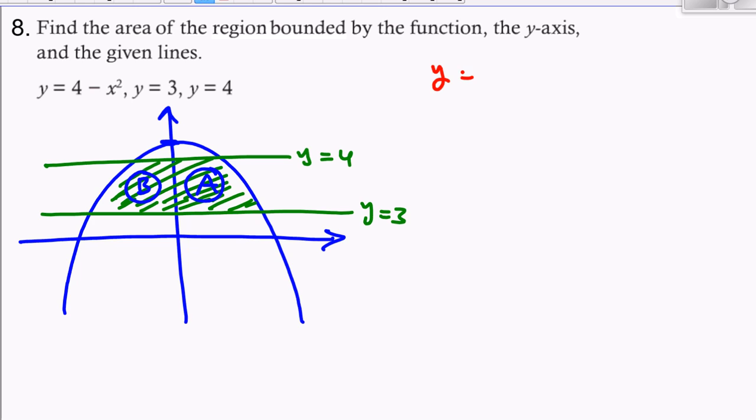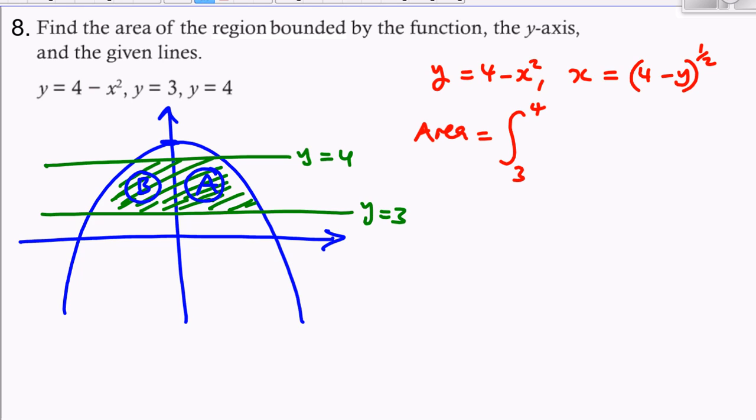So y is equal to 4 minus x squared, which means x would actually be 4 minus y to the power a half, which means the area will be equal to the integral from 3 to 4 of 4 minus y to the power a half dy.